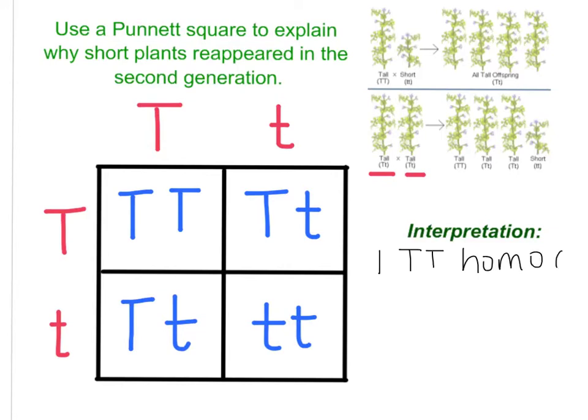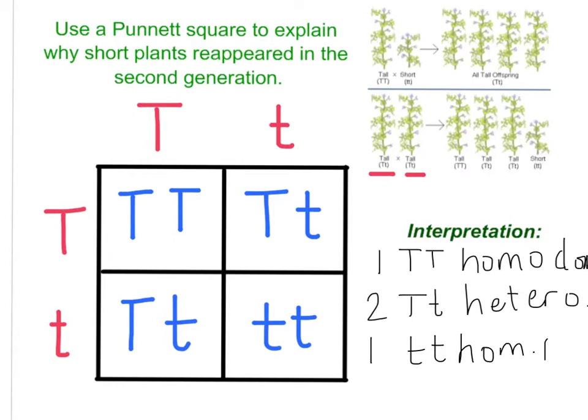It's homozygous dominant, right? I have two offspring that are heterozygotes, and this is their genotype. And then I have one offspring that is little t, little t, homozygous recessive. I'll just abbreviate that there, so I don't really have room to write it.